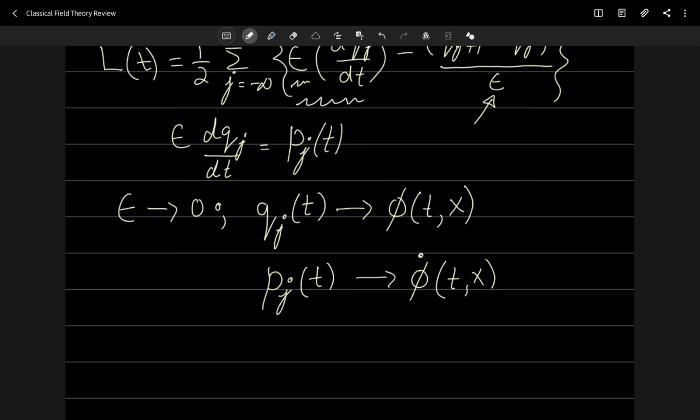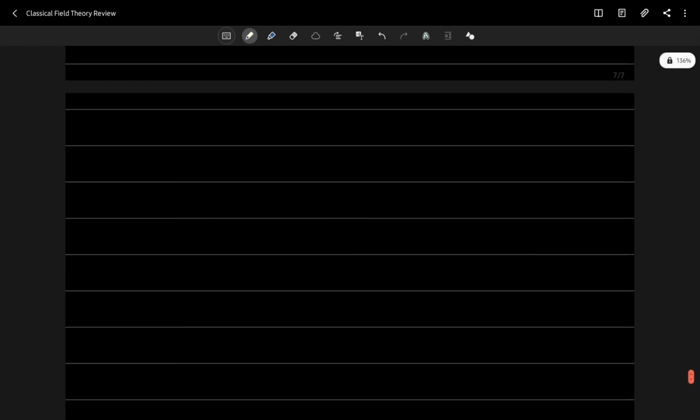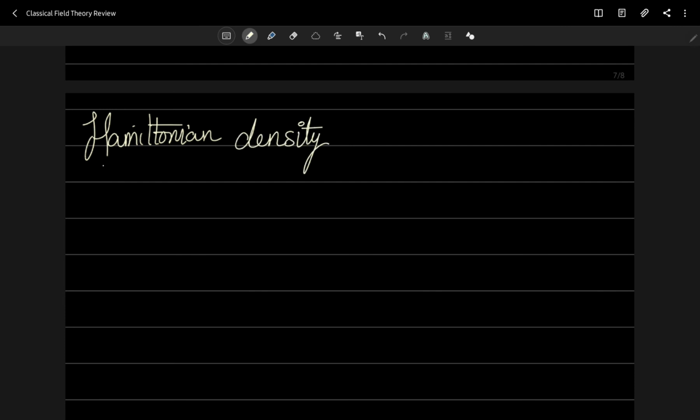Now finally we can talk about something. We have talked about the Lagrangian density, right? Let's talk about the Hamiltonian density. So we'll quickly talk about this.